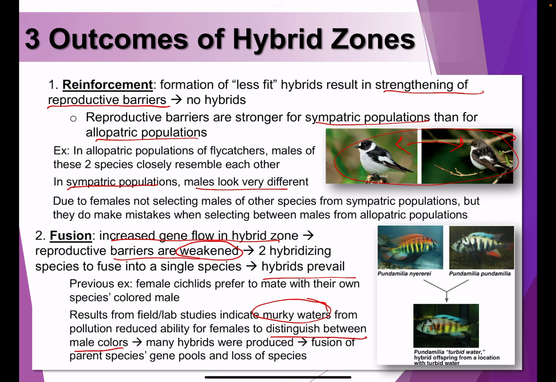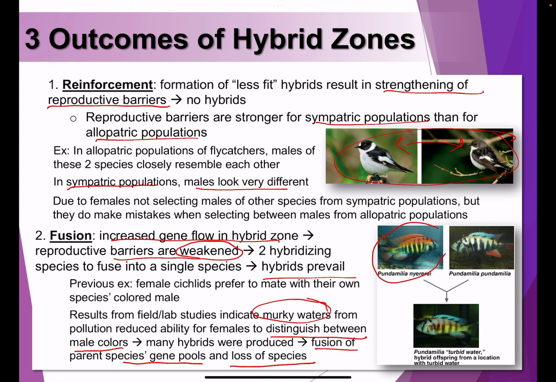So many hybrids were produced in this area, and because of the murky water, fusion of the parent species' gene pools happened, and that equals loss of species.